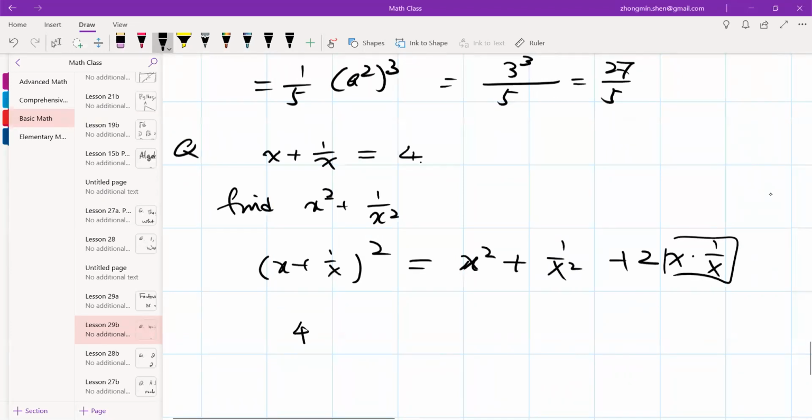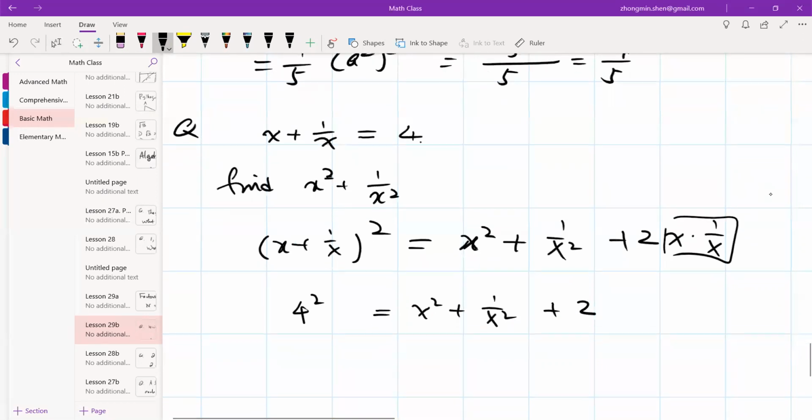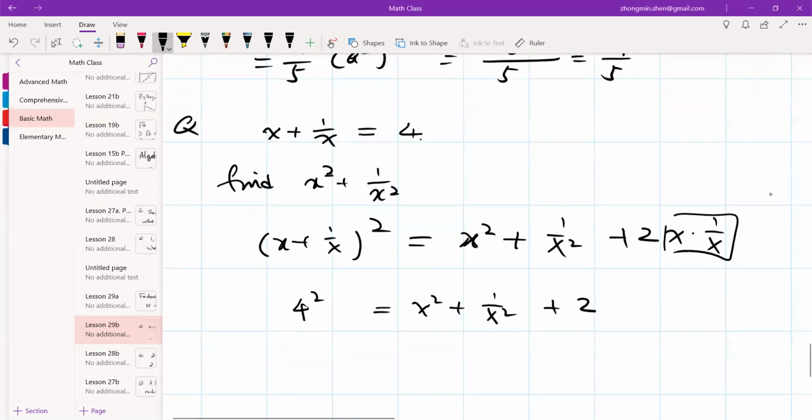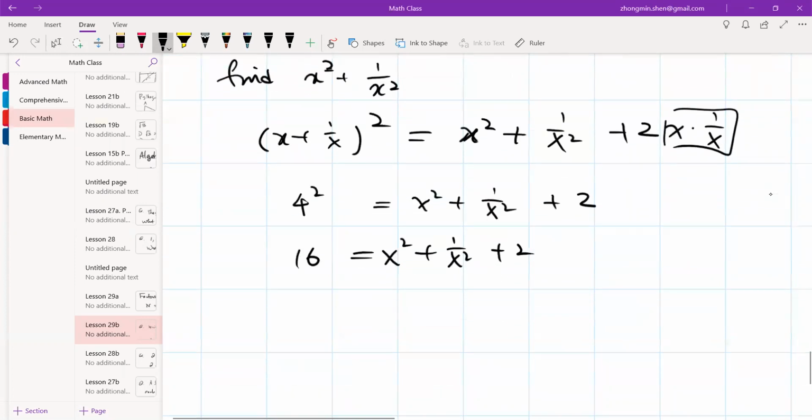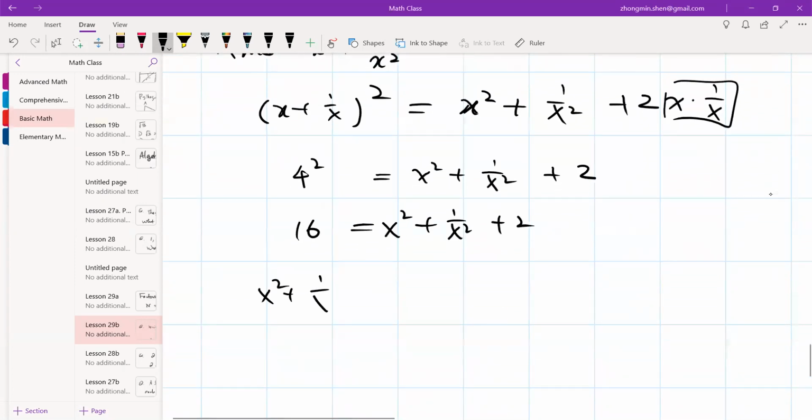So here's 4 squared, 16, minus 2. And what do you get? It's 14. Good job.